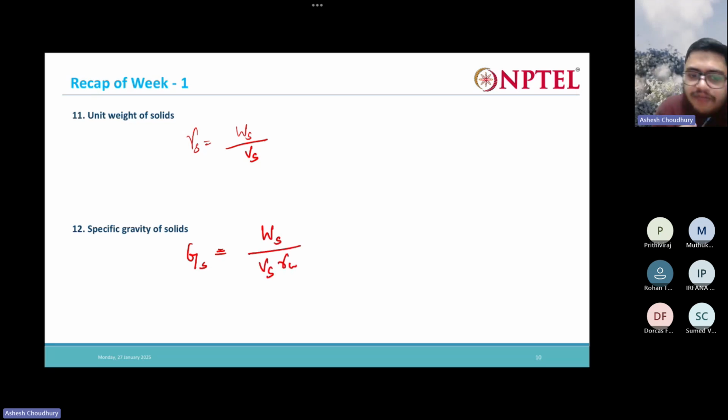Now, what is the definition of specific gravity? It is the weight of that substance divided by the weight of equal volume of water, right? If I want to find out the specific gravity of this pen, I will measure the weight of this pen, and then I will submerge it in water, and I will see how much volume of water it displaces.